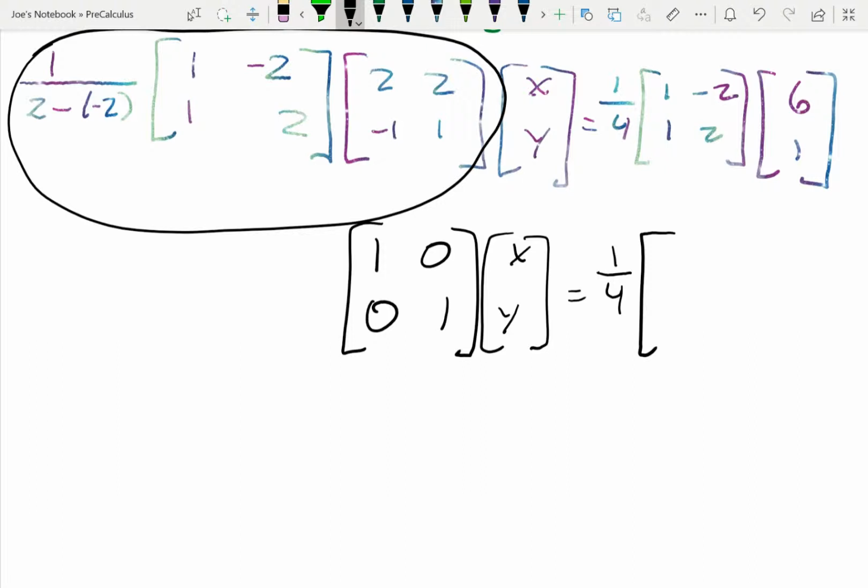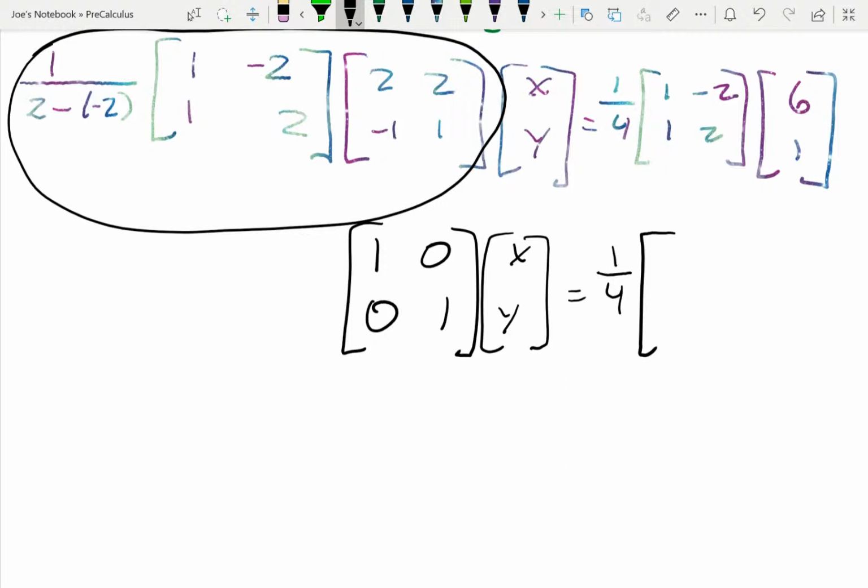My first one is a 2 by 2. My second one is a 2 by 1. This shows me my possibility, and this shows me my dimensions in my product matrix. So I'm only going to have 2 rows and 1 column, right? So I'll be done.